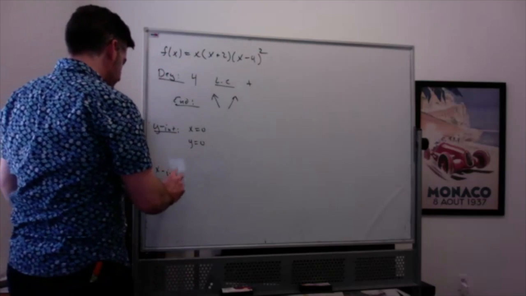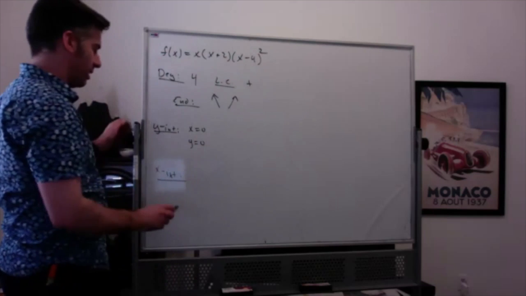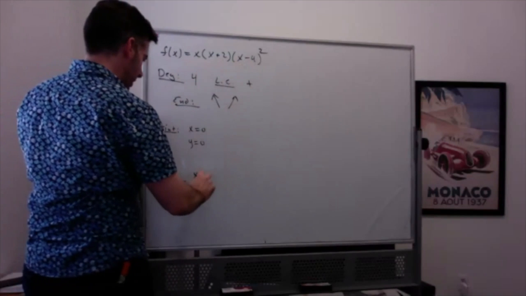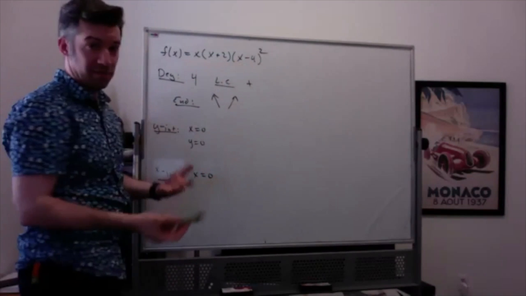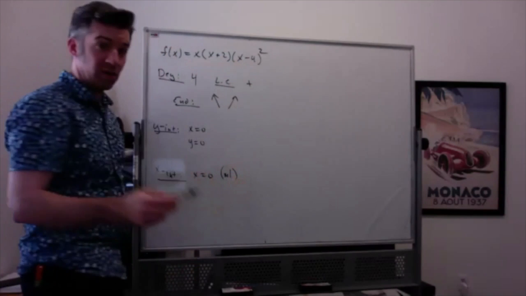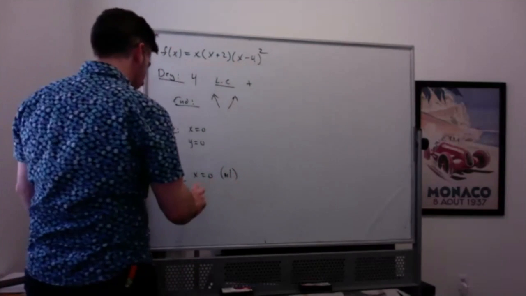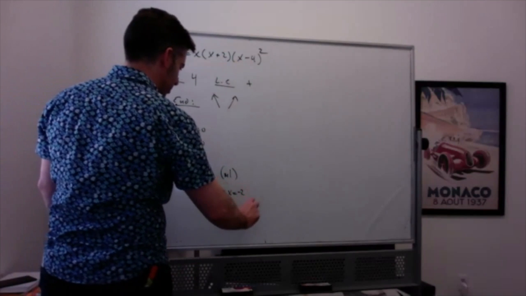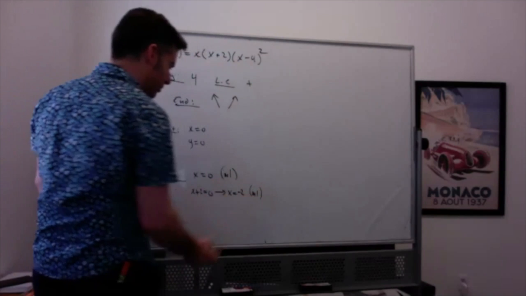X-intercepts are a little more interesting. So again, I'm really just going to set each factor equal to 0. X equal to 0 is going to be x equal to 0 with a multiplicity of 1, which means we're going to cross. X plus 2 equal to 0 is going to give me x equal to negative 2 with a multiplicity of 1.